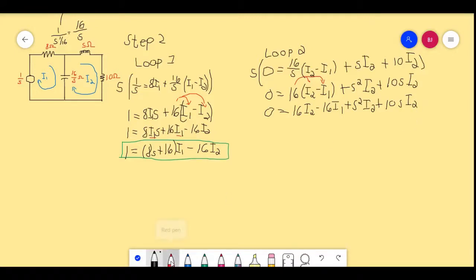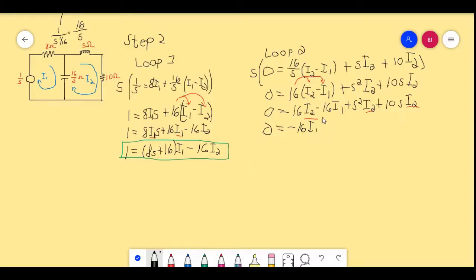Now you would be able to see that we have several instances of I2 in three terms and only one with I1. So let's go ahead and factor that out. So we have the negative 16 I1 here. Put it as the first term, to be consistent with our loop number 1.